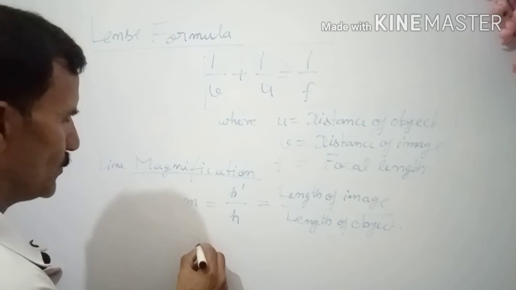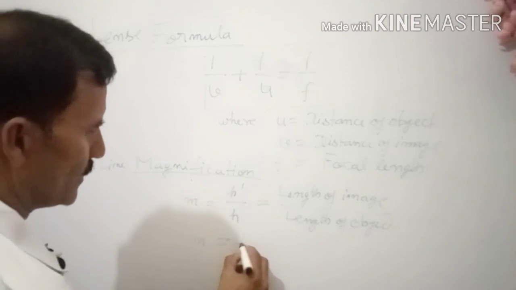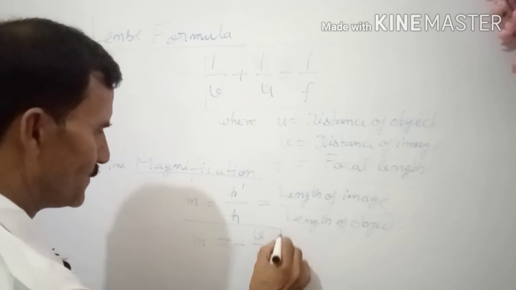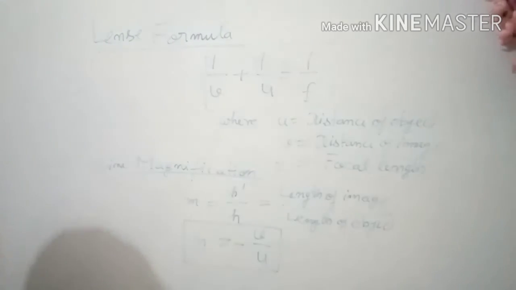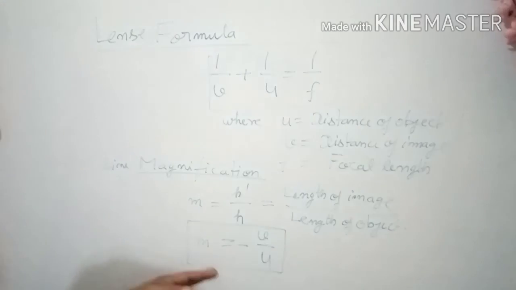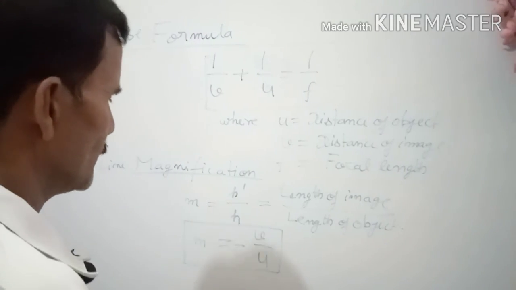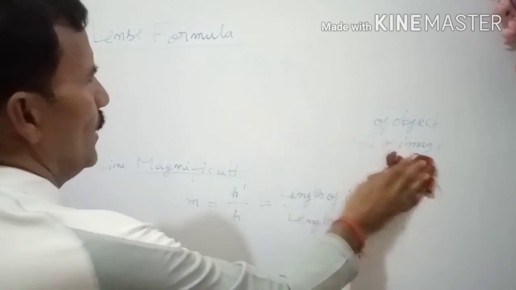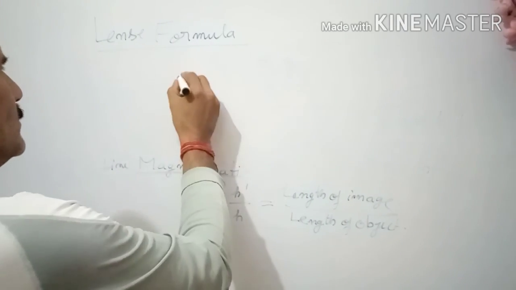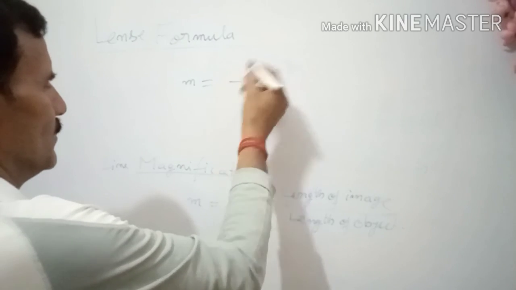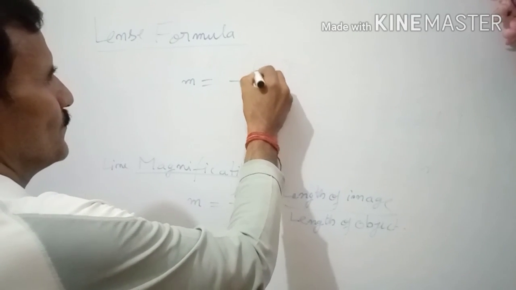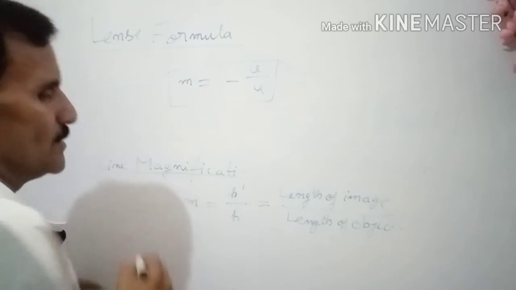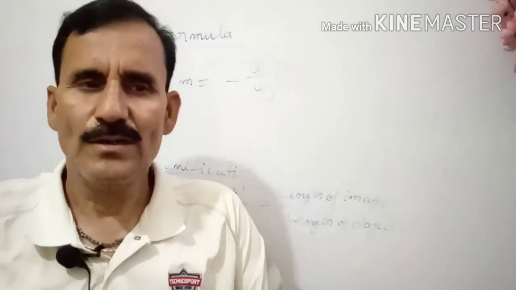And this is also only slightly different here. Here you are having V upon U. In the case of mirrors it was minus V upon U, but here M is slightly different, it is V upon U. Okay? So this is the magnification formula.